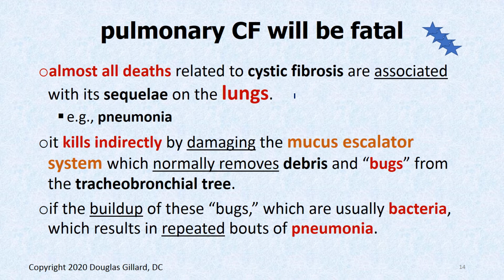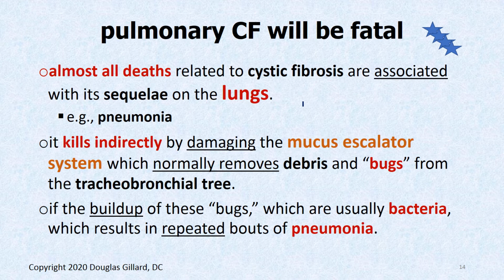Cystic fibrosis, in all of these diseases, except for the sweat glands, causes problems with mucus. And mucus gets really, really thick because it can't be hydrated and thinned out. So mucin needs water to bind to it to form mucus that is manageable. And people with cystic fibrosis, they can't hydrate it, and it gets so thick.